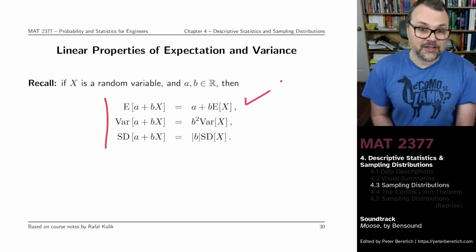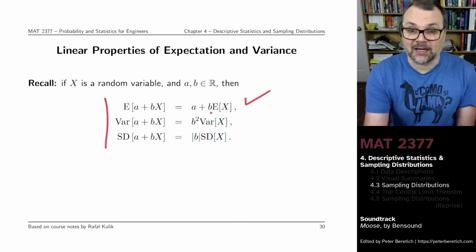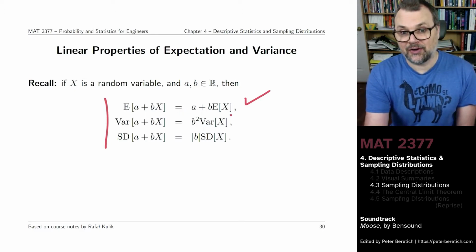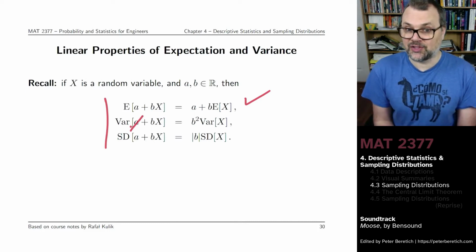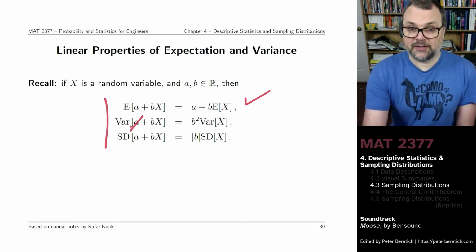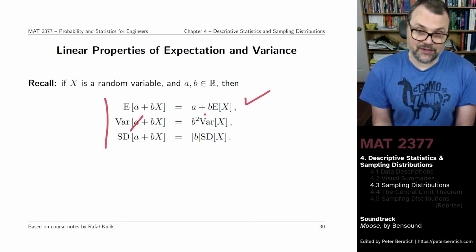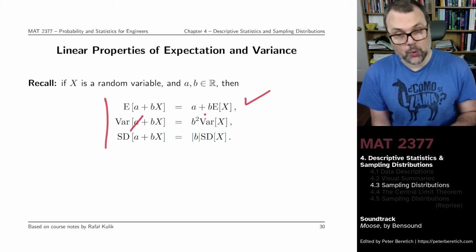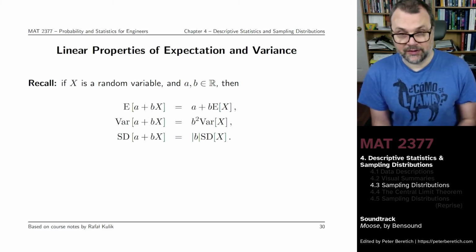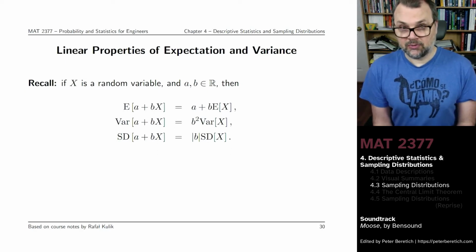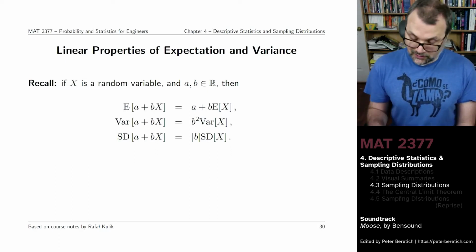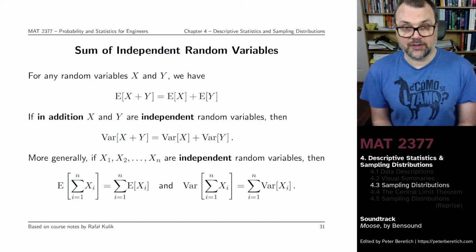The variance has its own rule. It is not a rule that follows the same pattern as the expectation, right? For the variance, if you add a constant term, it doesn't change anything. And if you have a scalar multiple and you take it out, you need to take the square. And the standard deviation is just the square root of the variance. So if you remember the rule for the variance, it's easy to derive the rule for the standard deviation.